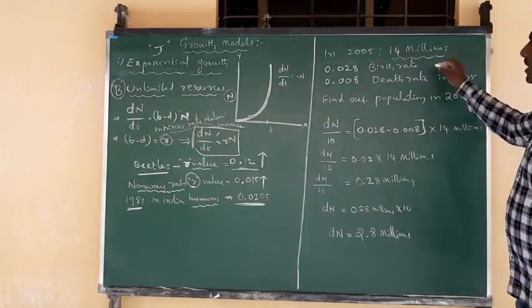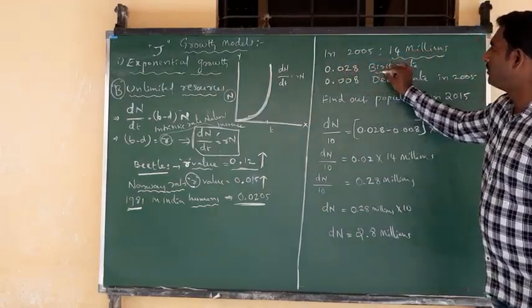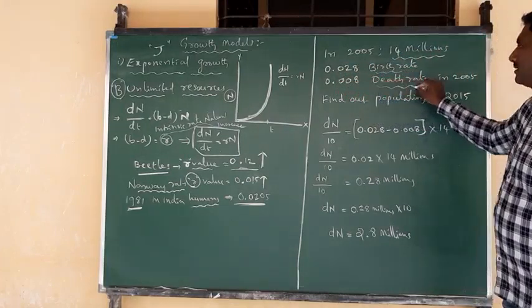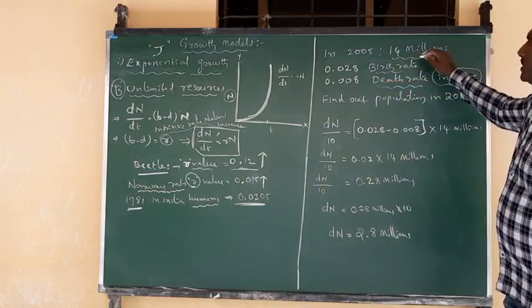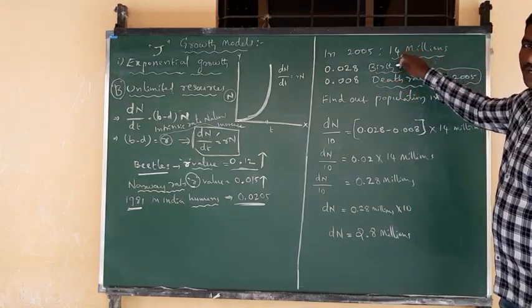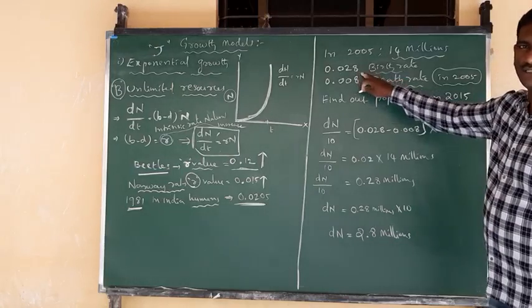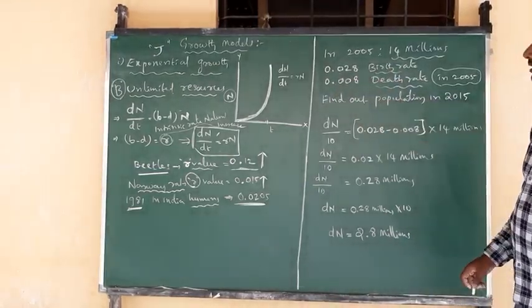In this population, the birth rate is 0.028 and the death rate is 0.008 within this year.